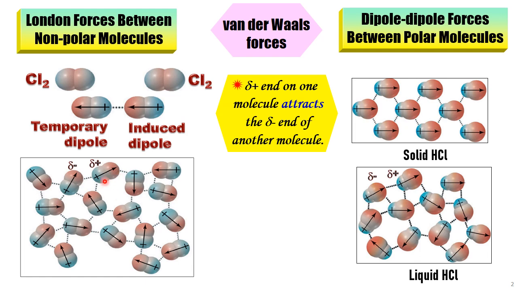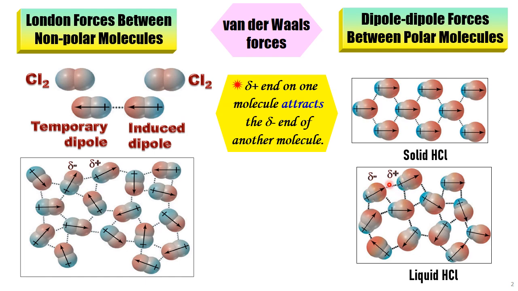Back to the non-polar molecule, the vector arrow on the molecule, which denotes the molecular dipole, is a temporary dipole or induced dipole. Whereas for polar molecules, the vector arrow on the molecule denotes the permanent dipole.